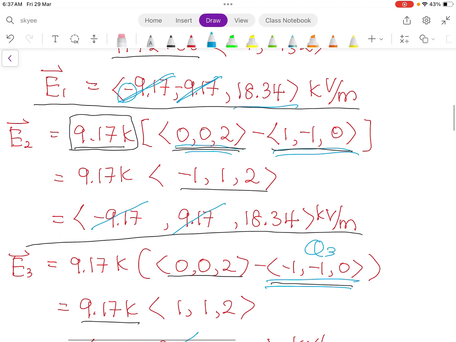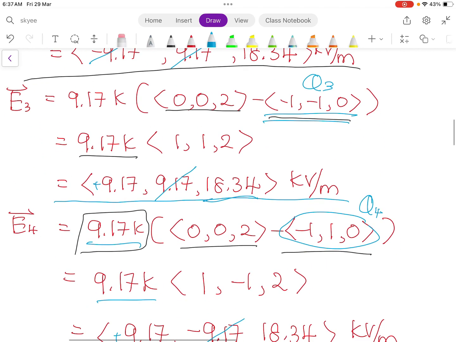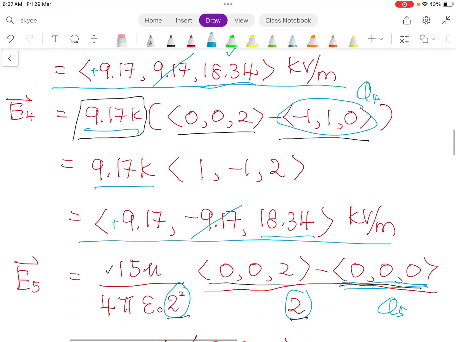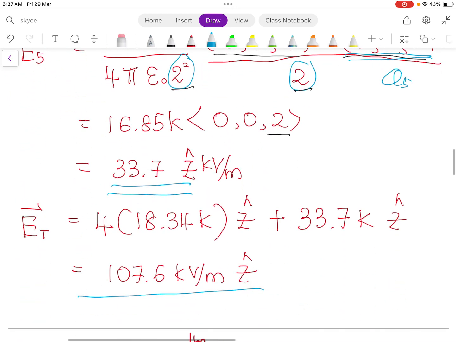So in the end, you are only left with the Z component, and all of them have the same value. So you just multiply by 4 and add the value here. Then you get the total electric field, which is 107.6 kilovolt per meter, in the Z position.